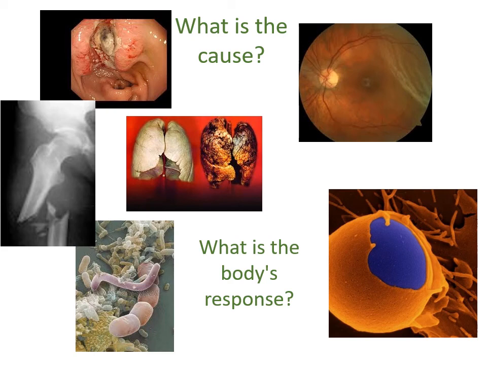So what is the cause? What's the response? Now in this case, what's the response going to be? Well, the body is going to activate multiple systems to counteract the hypotension, the low blood pressure, because low blood pressure means that organs aren't going to be fed with glucose and with oxygen that's in the bloodstream.